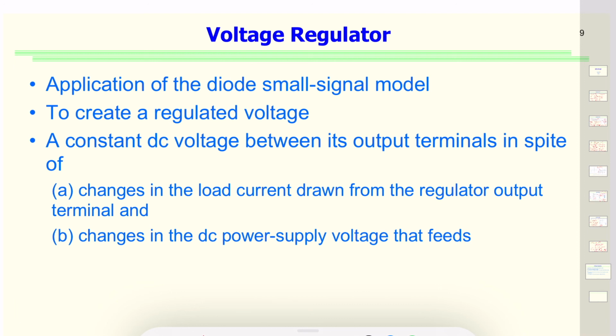Even when the current is changing by a big number, our output voltage is still very stable within a very small range of change, and hence we can get a DC power supply that can drive a circuit without swaying too much, even if there is a change in the current.